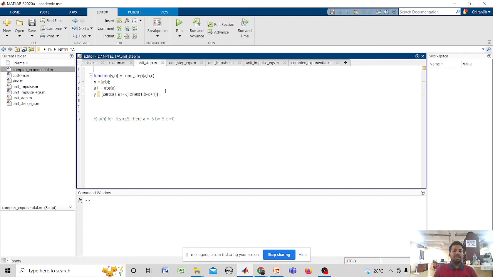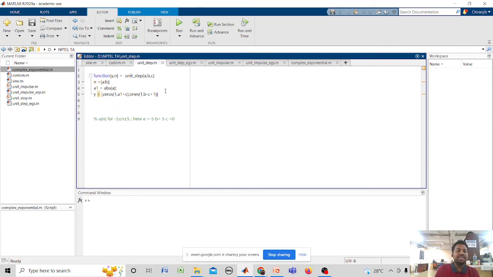Then we will go to the visualization for the complex exponential function. So what is a unit step function? A unit step function is a function where the value will be 1 from 0 to infinity, and the value will be 0 from minus infinity till 0.